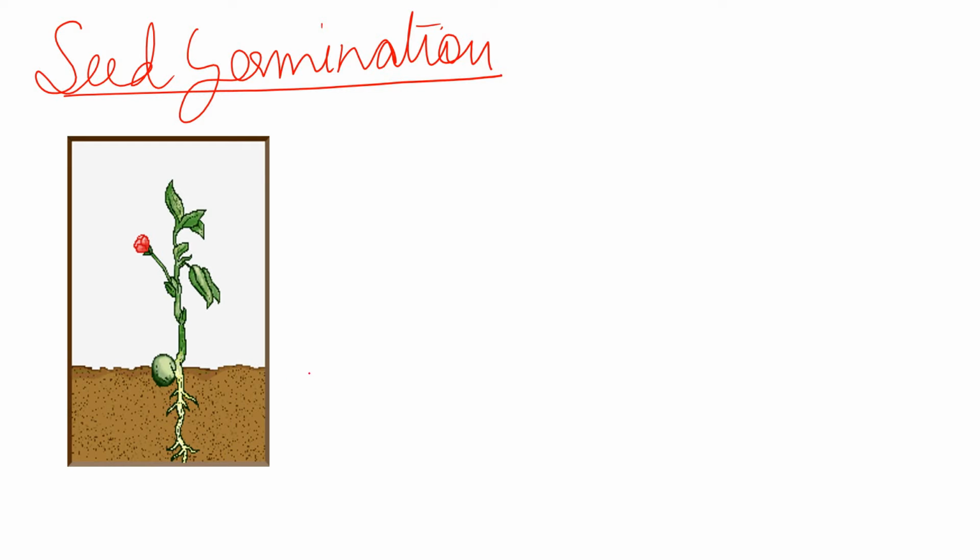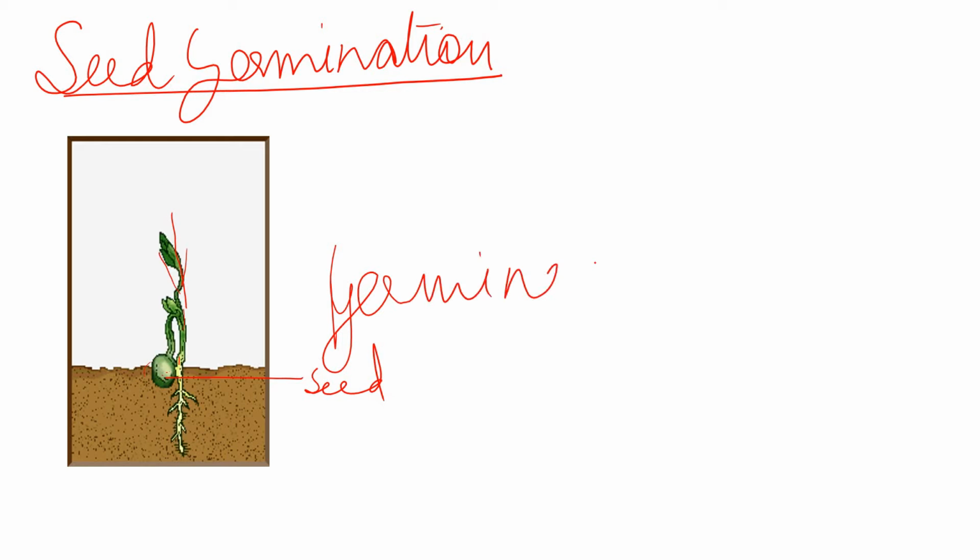So you see here, this is the seed, right? It is in an inactive state right now. The embryo which is present inside this seed, when it becomes active and starts growing into a new plant, that entire process is called germination.